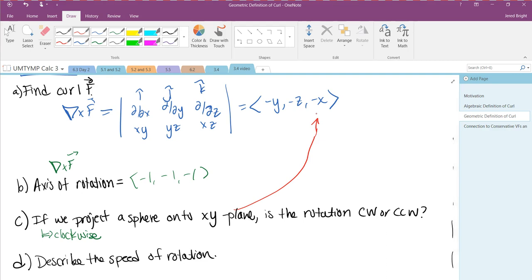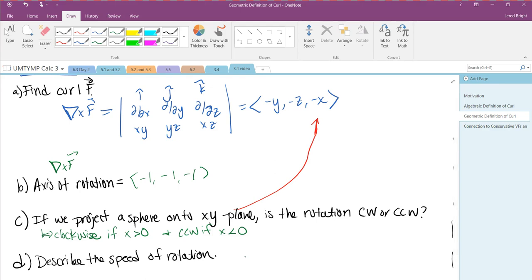Sorry, yep, that's right. That isn't a bad way to break it down, so we could say it with that: clockwise if x is greater than 0, and counterclockwise if x is less than 0. Okay, and then irrotational if x is equal to 0.